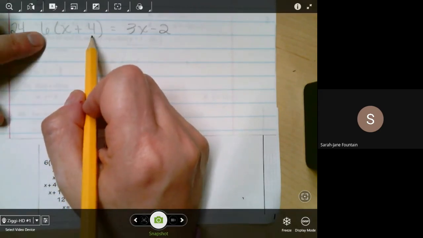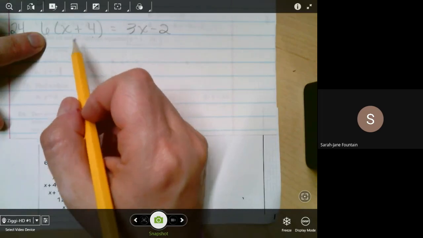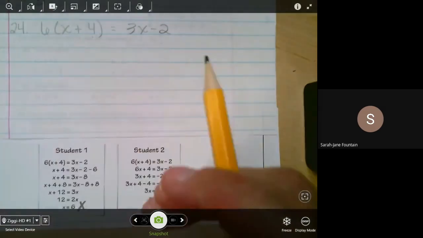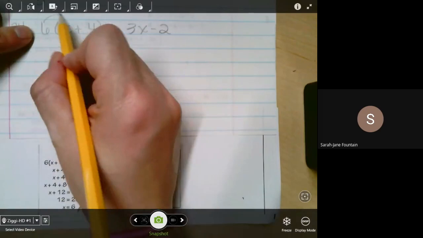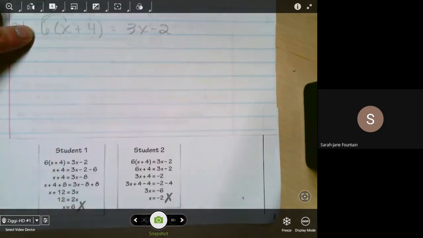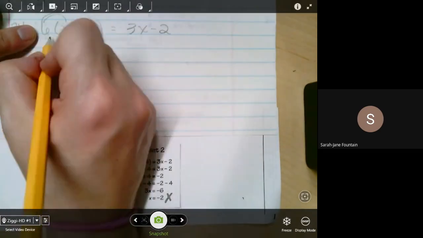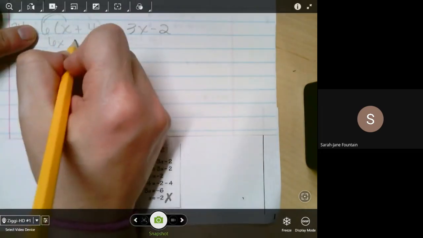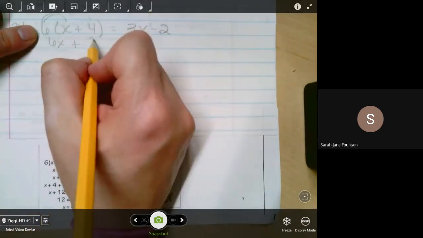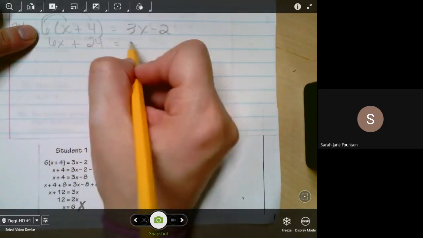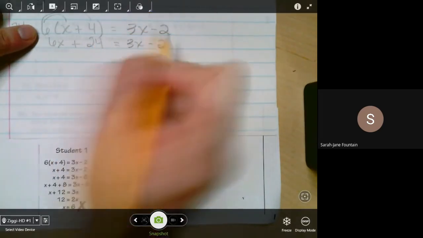So what you have to do is what is being done to the parentheses. The parentheses are being multiplied, so we use the distributive property. 6 times x is 6x. 6 times 4 is 24. And put that equal to 3x minus 2.